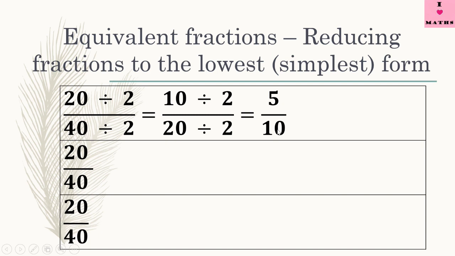Yes, I know all of you know that 5 and 10, both of them, come in the table of 5. So let us divide the numerator and the denominator by 5. 5 divided by 5 is equal to 1 and 10 divided by 5 is equal to 2. So 5 upon 10 is equal to 1 upon 2.